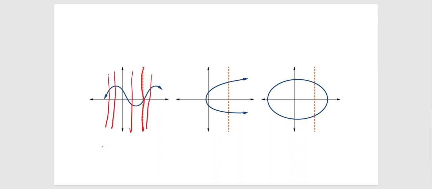So this is a function. Okay, whereas here, we can draw a line here and it will intersect the graph at 2 points, or sorry, a line here, it will intersect the graph at 2 points, even here. So this is not a function.